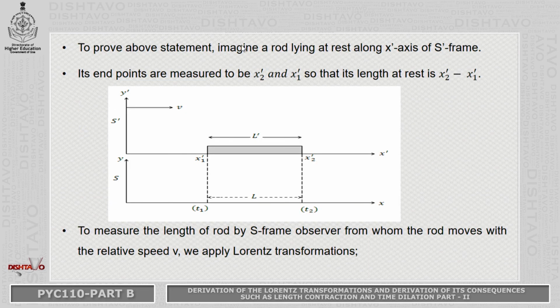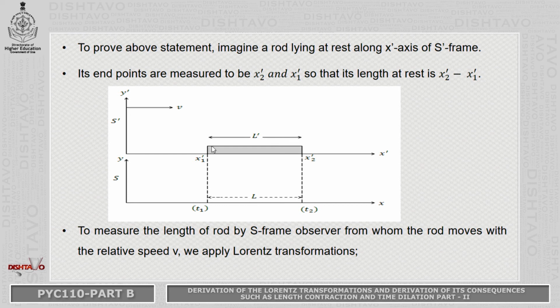To prove this statement, let us imagine a rod lying at rest along the x dash axis of the S dash frame. So this is the S dash frame and this is the rod. The endpoints of this rod are measured to be x2 dash and x1 dash. So the difference between the endpoints is the length at rest, and that length at rest we call L dash.